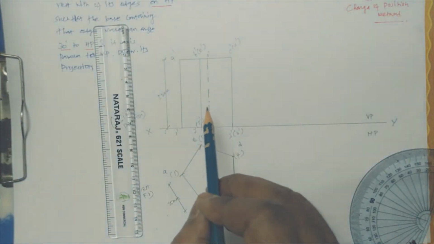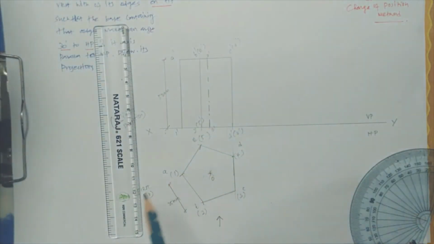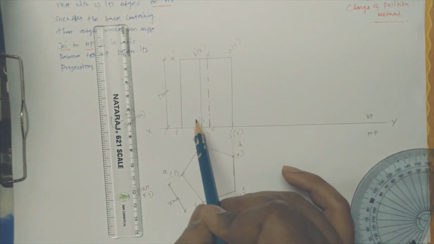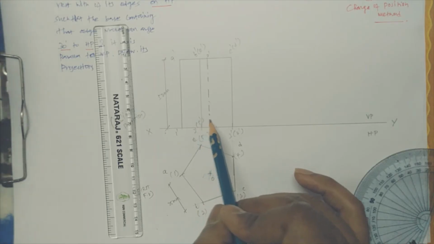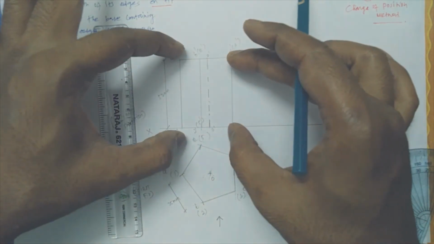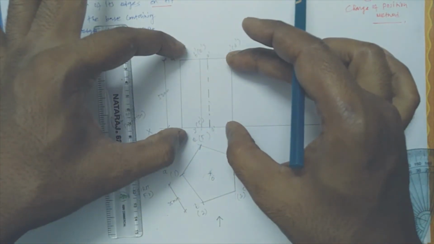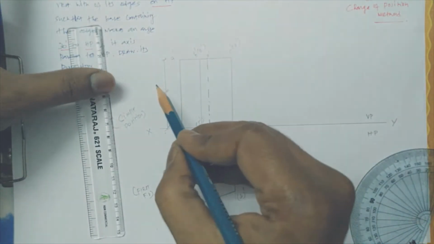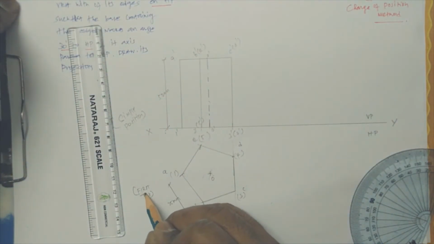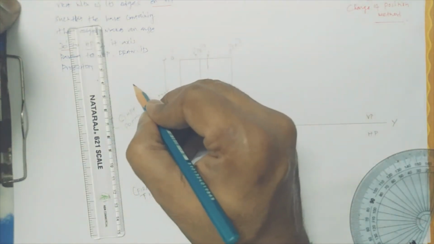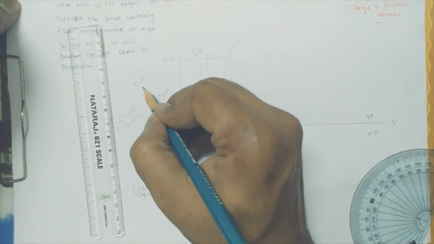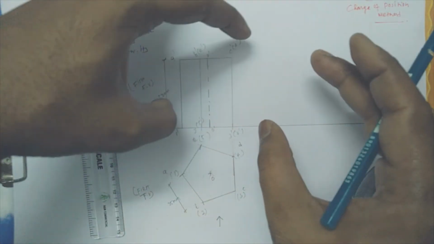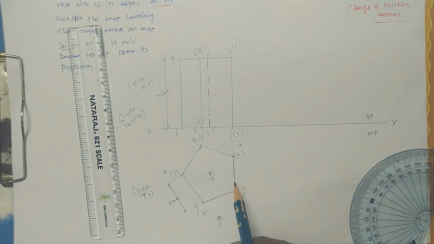Okay, this position only they are going to change. So let us mark the same pentagonal top, sorry, this is the top view. This is the first front view. So in this position we are going to see that the base is supposed to be 30 degree.